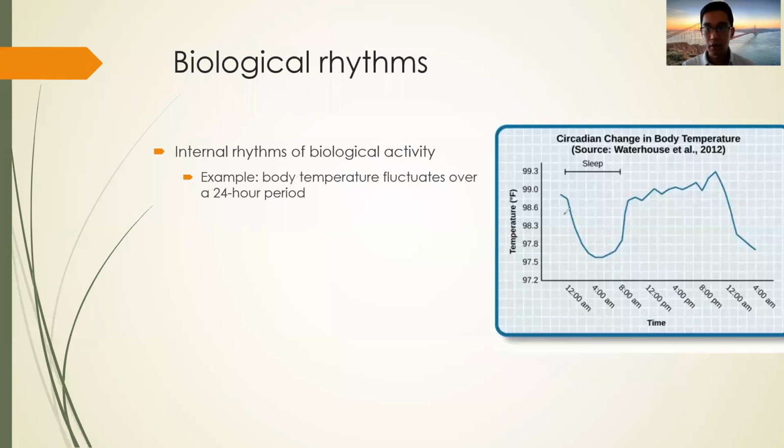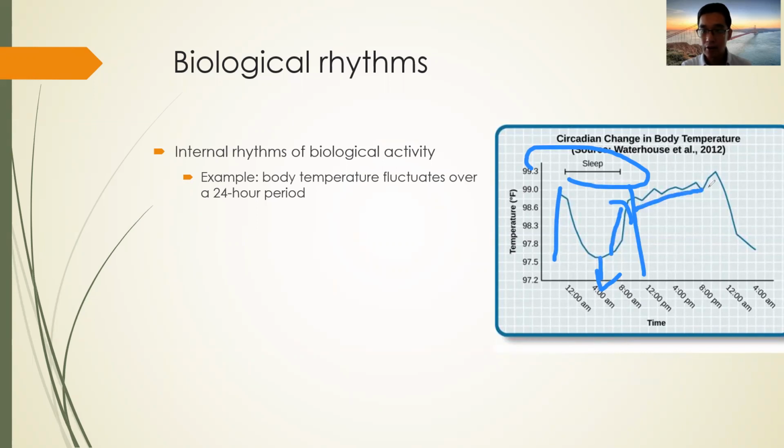So after 12 a.m., people go to sleep, and the body temperature drops very quickly, and reaches the bottom at about 4 a.m. or 4:30. But it increases to the normal level after about 9 or 10 a.m.